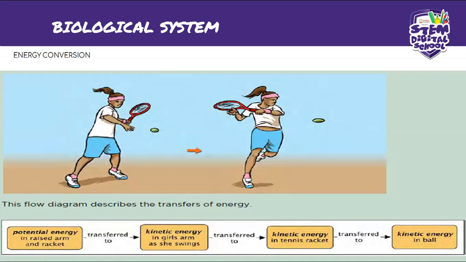So first, there is potential energy in the racket to transform into kinetic energy in the girl's arms as she swings. Then the following transfer to kinetic energy in the racket, which is also transferred to kinetic energy in the ball.